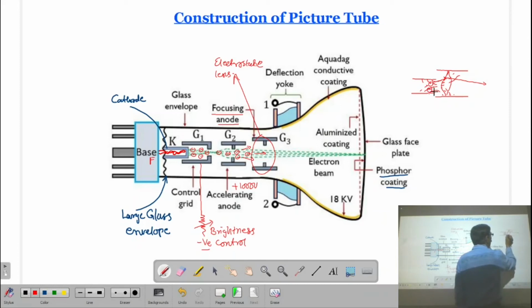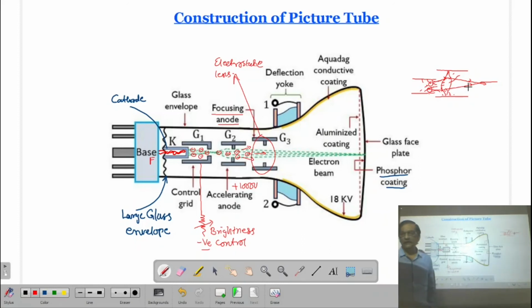Suppose another electron is moving in this direction, here it is going to be deflected in this direction. And you will get a sharp electron beam. That is the function of an electrostatic lens.